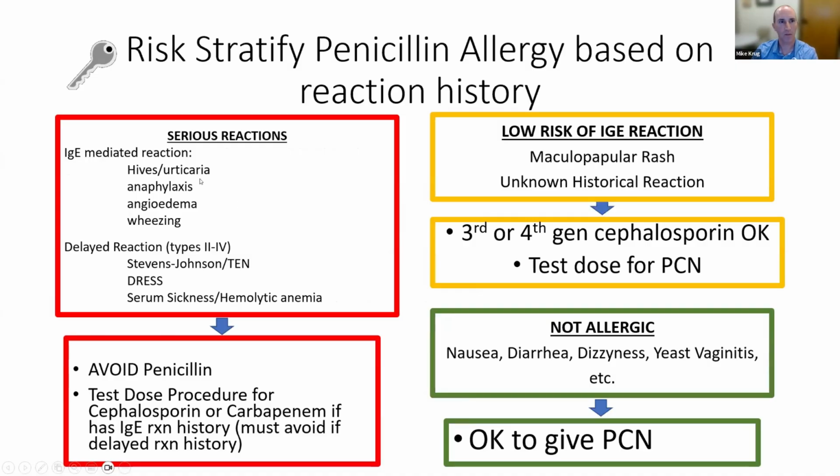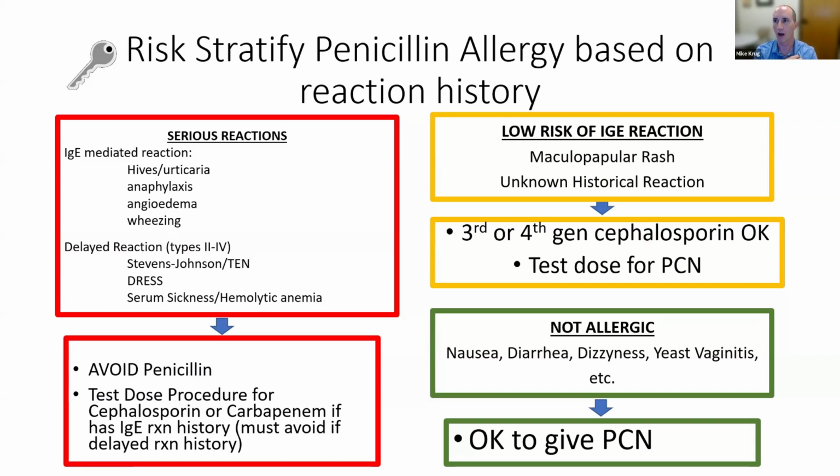So if your patient has a true history of IgE-mediated reaction, anaphylaxis, hives, urticaria, angioedema, wheezing, or if they have a delayed type 2 to 4 reaction like serum sickness, DRESS, Stevens-Johnson, obviously you're going to avoid penicillin and you're going to be wary even of a cephalosporin or a carbapenem. You might do a test dose before this because those are the real deal.